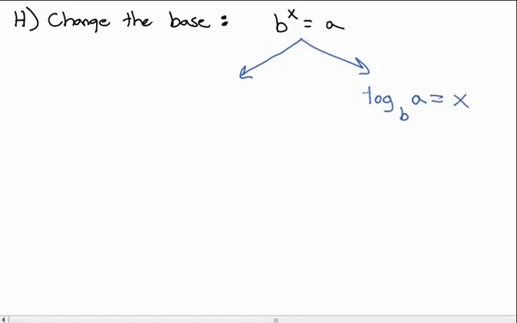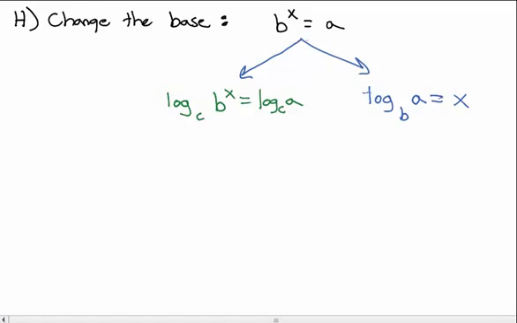But what if instead we had done something completely and entirely different? What if we had taken the log base c of both sides? A different base, a new base. The log base c of b to the x equals the log base c of a. Because I can do anything to both sides of the equation, and it's still equal, right?